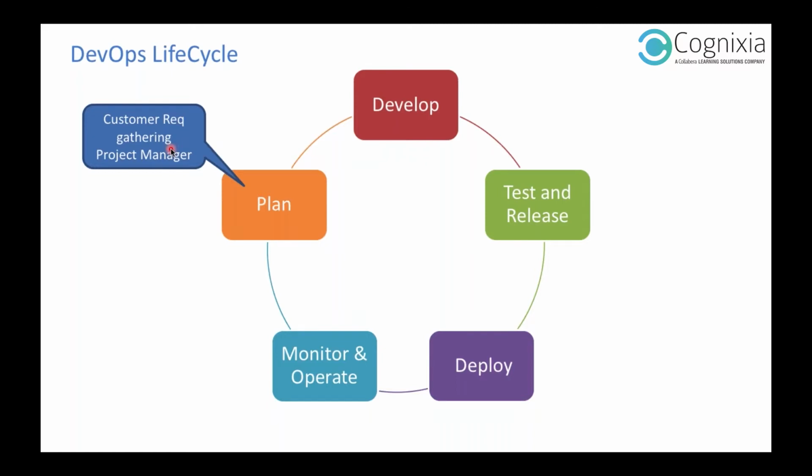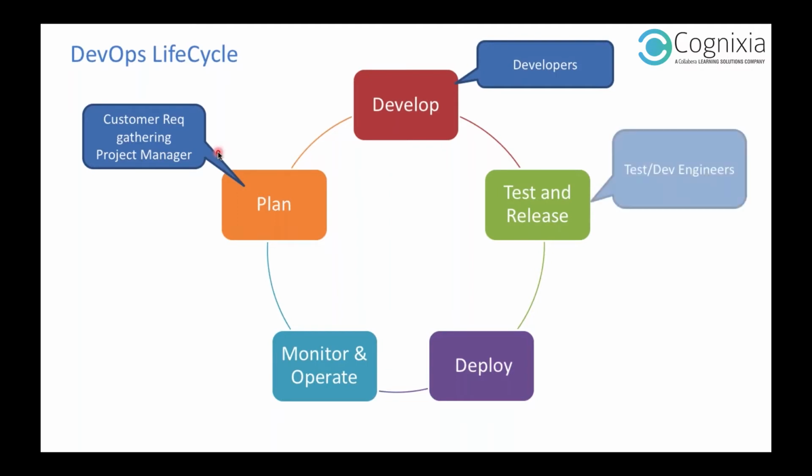So that's the first phase. Then developers will start writing the code. Then there'll be test and dev engineers who will actually do the test and release the software. When you say release, it's like version 1.2 or version 2.3, examples, right? They're not like just an application package installed in your laptop.